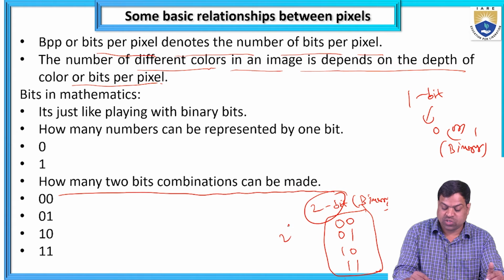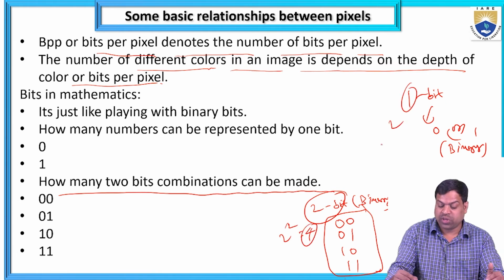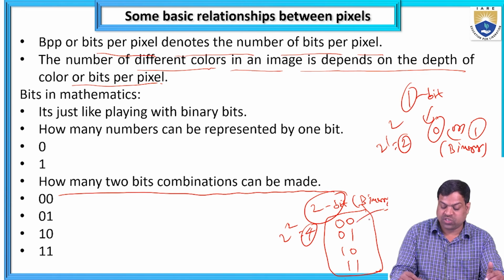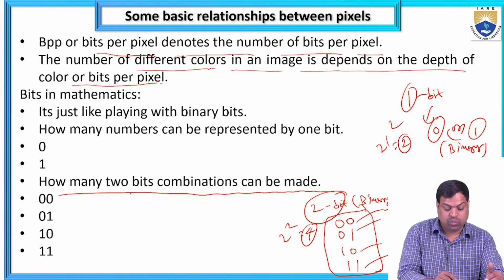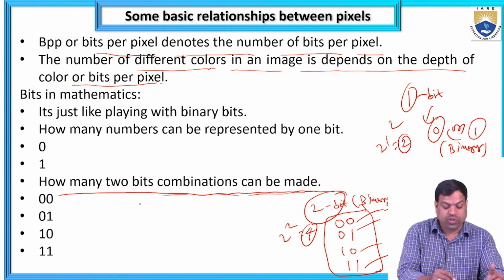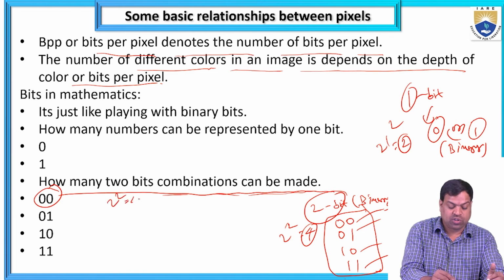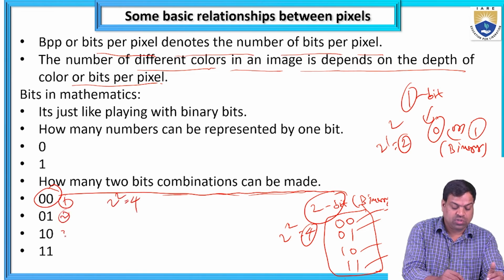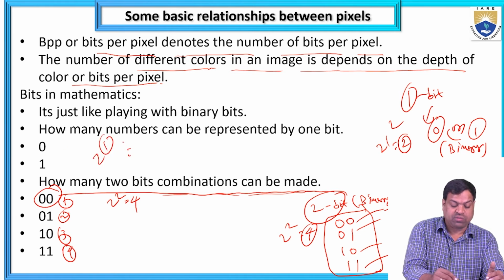How do we know? 2 bits means 2 squared equals 4 possibilities. 1 bit means 2 power 1 equals 2 possibilities, 0 and 1. 2 squared means 4 combinations: 00, 01, 10, 11.